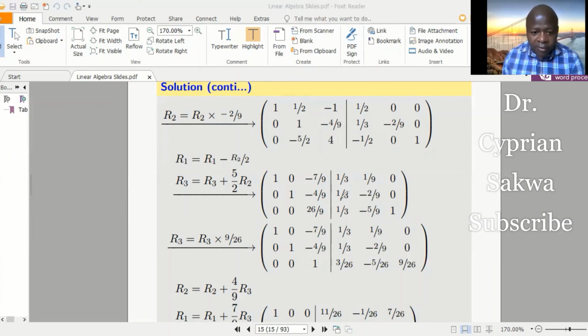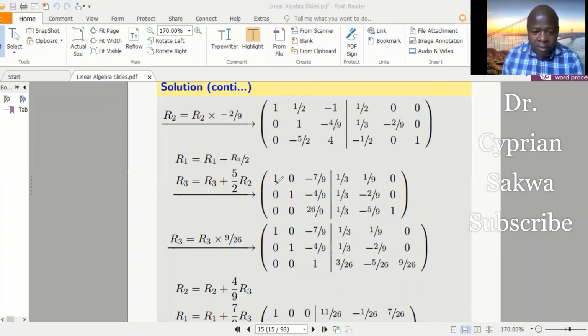So 5/2, we are done with this. 5/2 of this, then plus this, gives us that. So you do it for the entire row, and this is what you get. This matrix. Get that matrix.